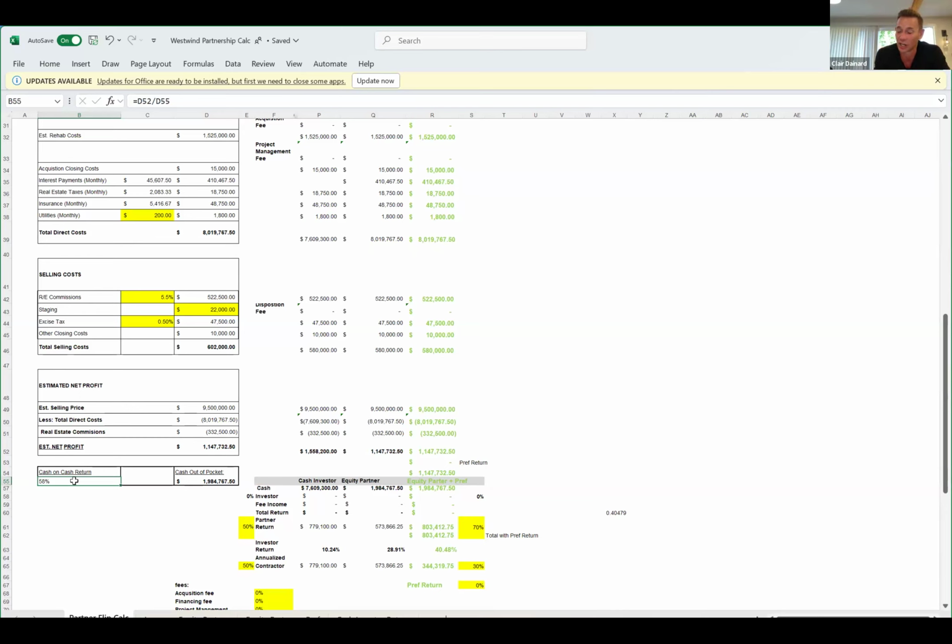Now, if I can get this project done for 1.3 and he's at 1.3, there's not a whole lot of benefit, but my true costs were 1.5 plus on this house. And that's what we have to do as operators. I flip a lot of houses and I'm good at a core group of houses. That is what we try to focus on. That's where people want to invest with me, because that's what we're good at, and we're good at keeping on the budget.